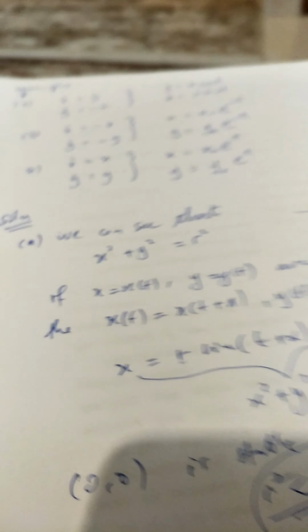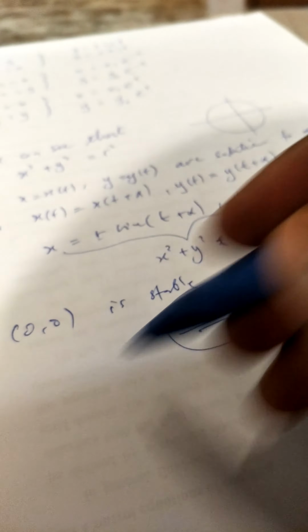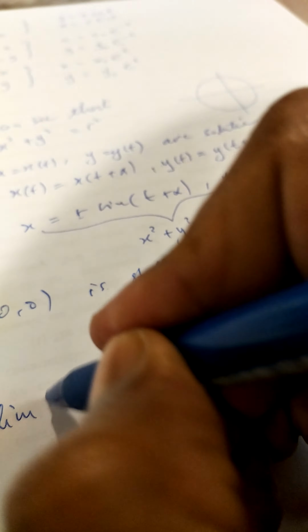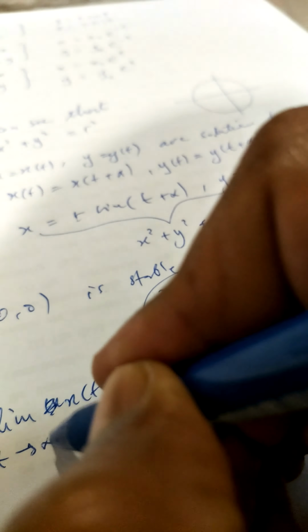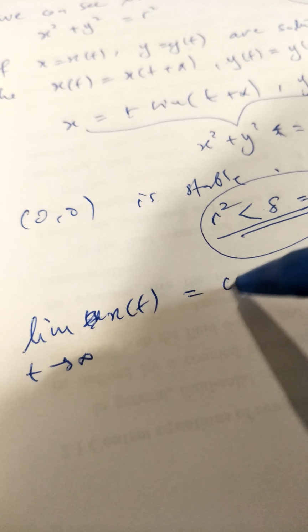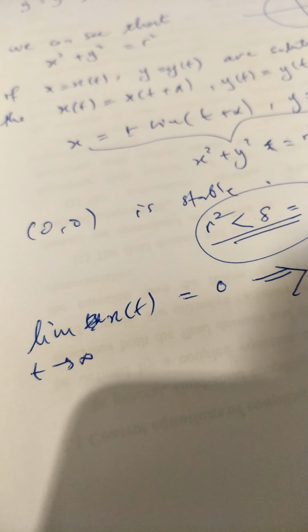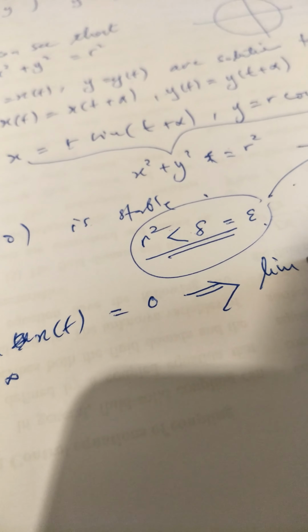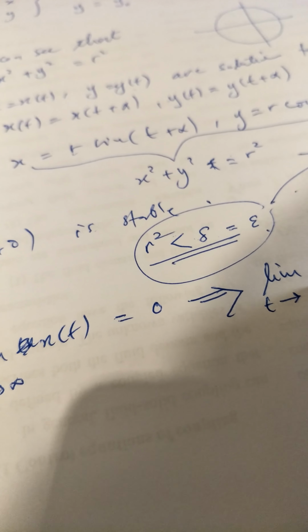Okay. All right. So what about asymptotically stable, the third condition? We check the limit of x(t) as t tends to infinity, which should equal x naught. Our x naught is 0. Can we get that? The limit of our x(t), which is r sin t, as t goes to infinity.